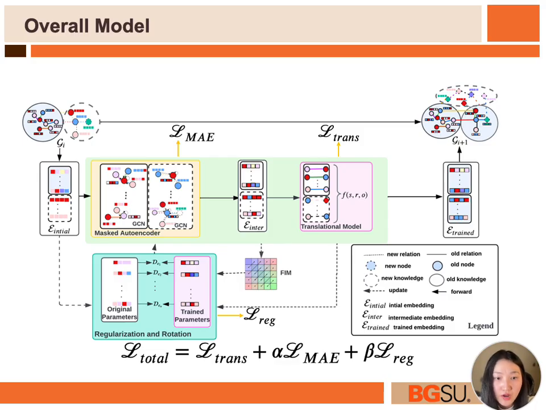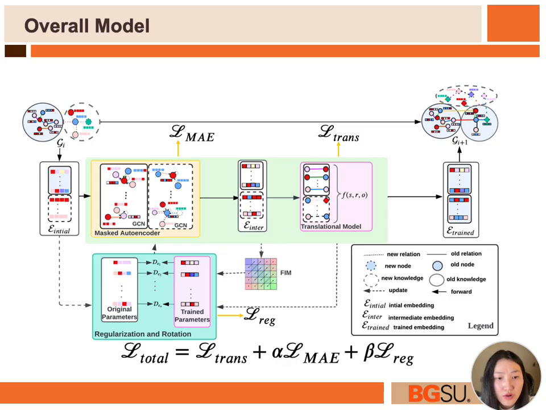At the same time, regularization is applied to the embeddings to preserve prior knowledge and prevent forgetting of the previously learned information. The resulting trait embeddings, E trait, are then used as the initial embedding E initial for the knowledge graph at the next time step, i+1.